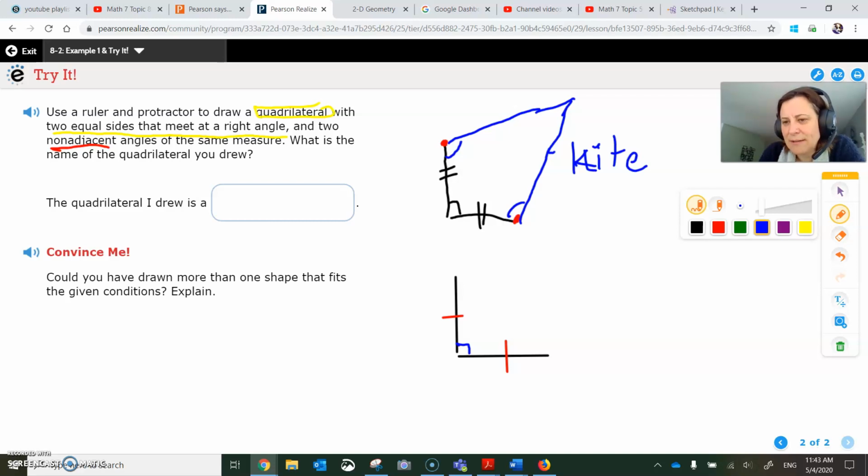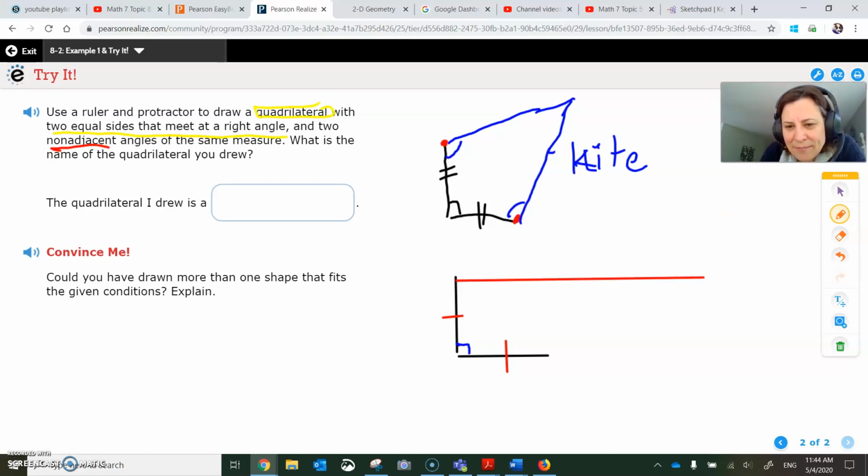non-adjacent angles. So what if I were to draw a side coming out this way? Let's try that again. A side coming out this way that's coming off of this angle also at 90 degrees, and then another one coming off 90 degrees from down here.